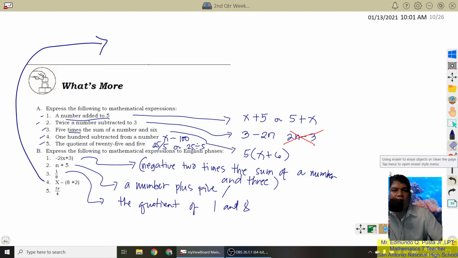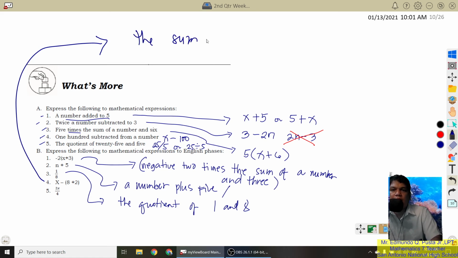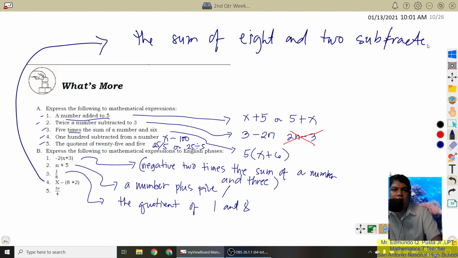Okay, the sum of, ayan, we can write the sum of 8 and 2. Ayan, the sum of 8 and 2 subtracted to a number. Ayan. Okay?